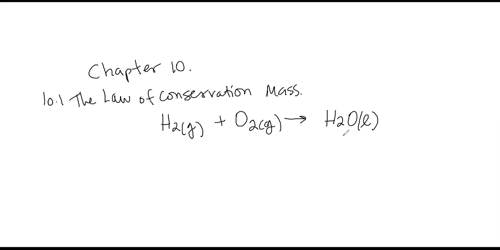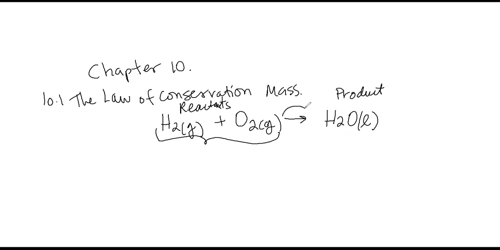So what does the law of conservation of mass mean, guys? It means that if I start calculating the total mass of the reactants, and by the way, the reactants are always written on the left-hand side, and the products are always written on the right-hand side.